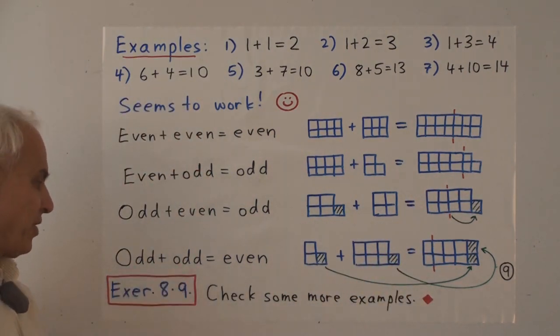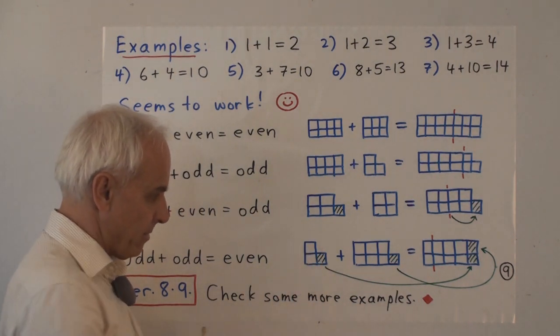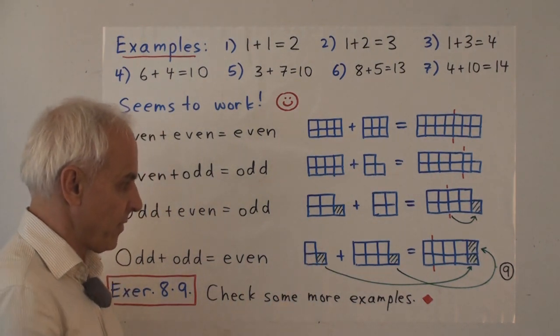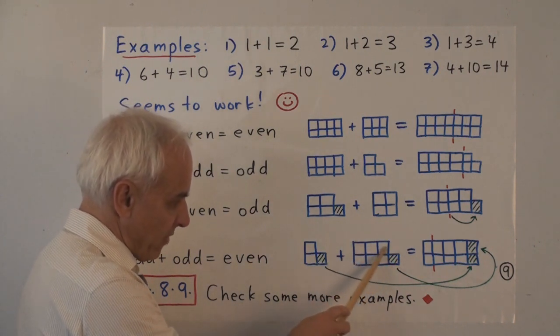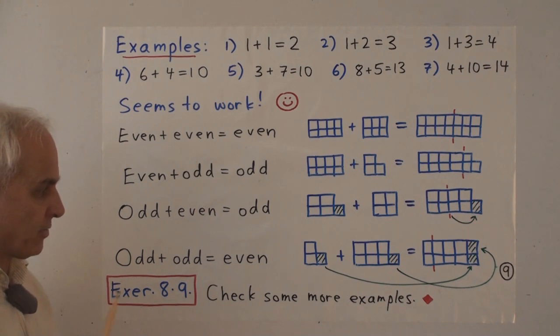And finally, this one here, odd plus odd is even. Why is that true? So here's an odd number. It's a rectangle with some extra additional square. Here's another odd number, another rectangle with 1 additional square. How do we add those 2 together?